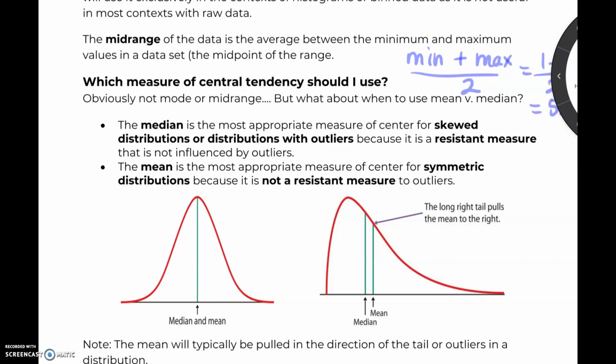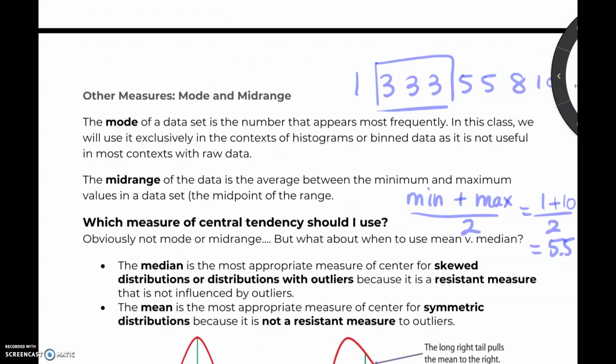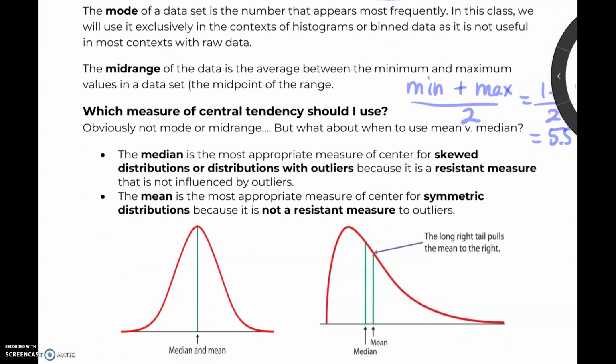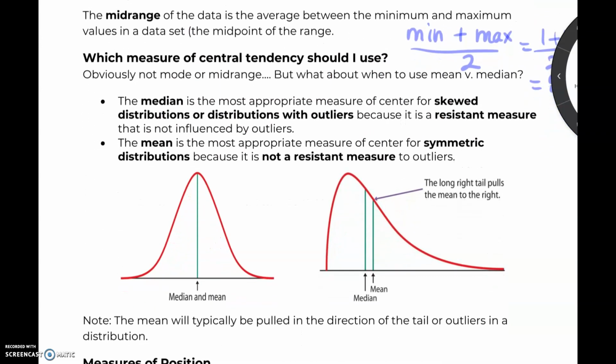We call the median a resistant measure of center because it is not affected by outliers, whereas the mean is not a resistant measure to outliers. So this is really important, and oftentimes I will ask you this question: look at this graph, what would be the best measure of center?